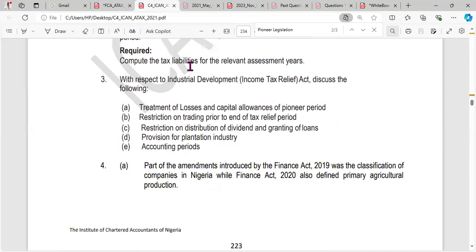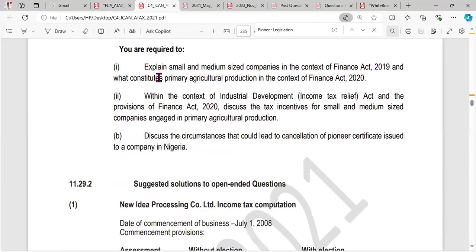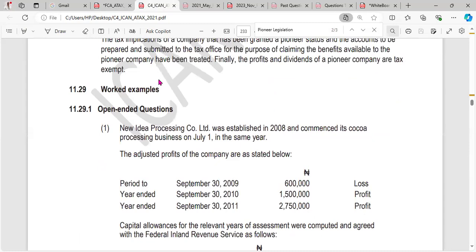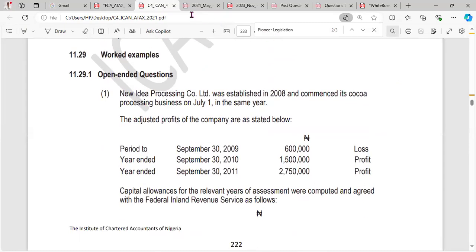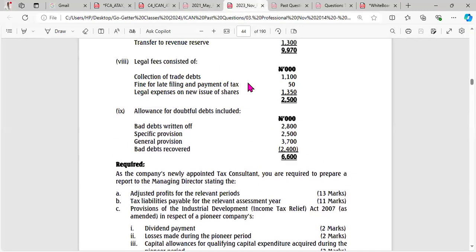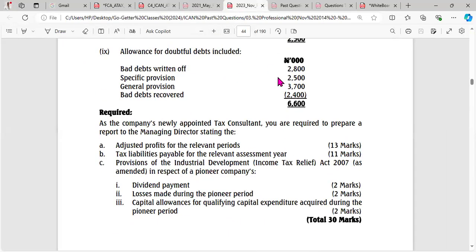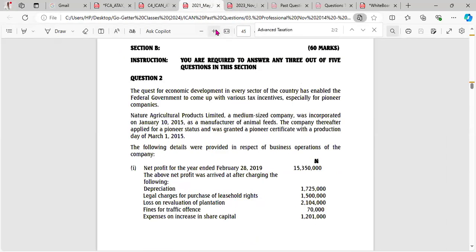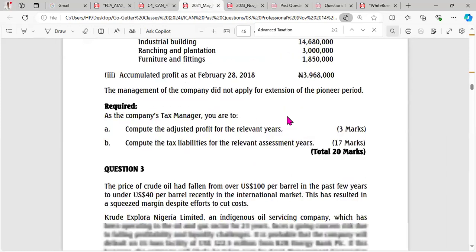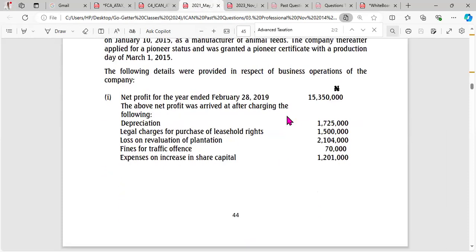These questions are also in your study pack, so we will likely look at them, or we'll leave them as an assignment for you. But we'll look at past question papers and see how we can deal with them. We have one of the recent ones. This is one of the recent ones here. This is another recent one. This is another recent one.